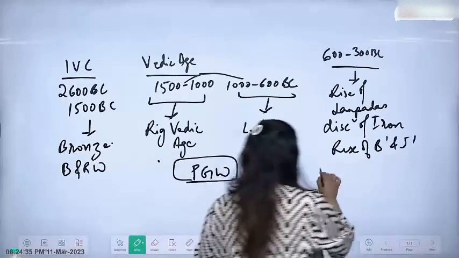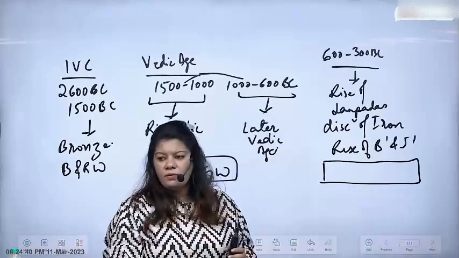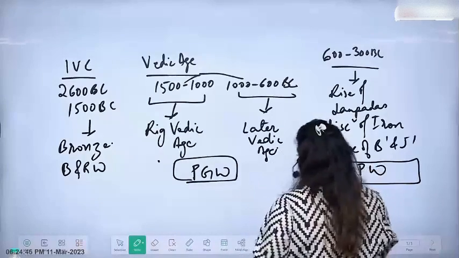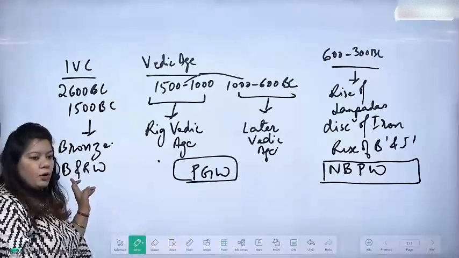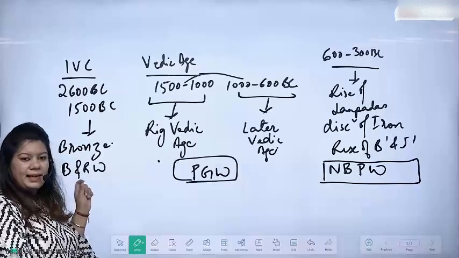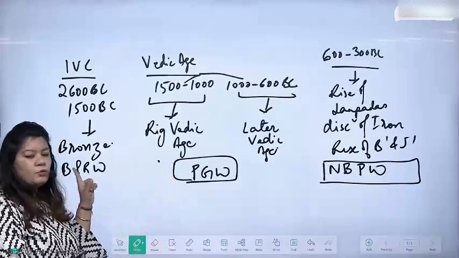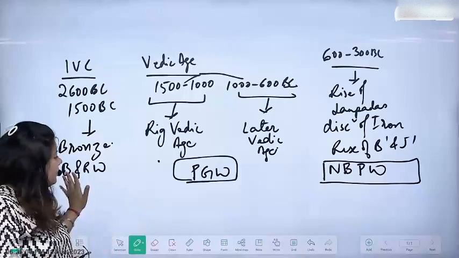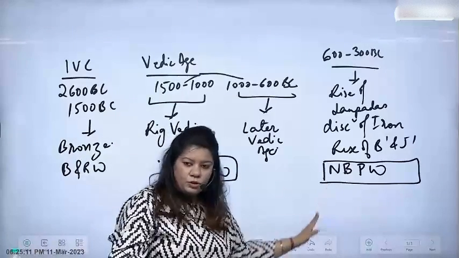Here, what is the important pottery which signifies the growth of the second wave of urbanization? Northern black polished ware. That does not mean that no other pottery is found here, black and dotted pottery, something like that. There are different names for it. But these are the most important types of pottery which you do not have to miss under this phase. Here black and red ware, here PGW painted grey ware, and this is northern black polished ware. Right?